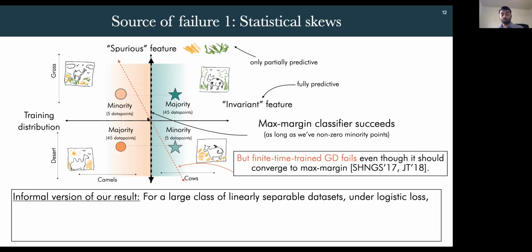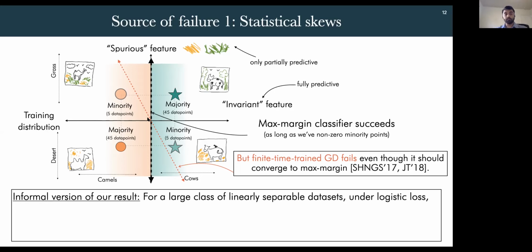So in order to understand why finite time gradient descent fails here, we perform a theoretical analysis, which leads us to the following theorem, where we show that for a large class of linearly separable data sets, by which I mean it's not just this simple toy data set in 2 dimensions, even in data sets where your invariant feature is in higher dimensions, you can show that the spurious component in your classifier, which I'm denoting by WSP, at time t.